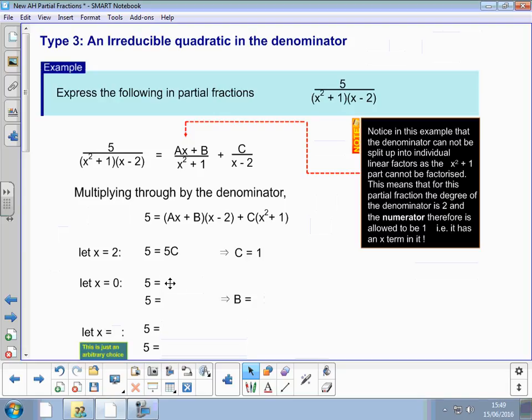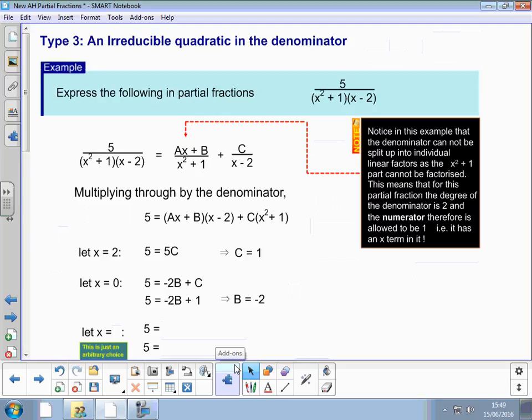So when we do that, we get minus 2b plus c. Of course, we already have calculated c. We know that it's equal to 1. So we end up with 5 equals minus 2b plus 1. And rearranging that and solving it, we get b equals minus 2.